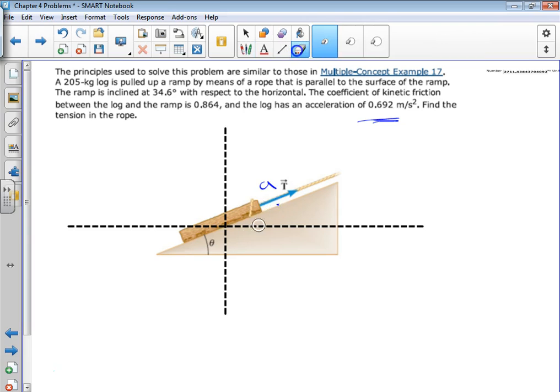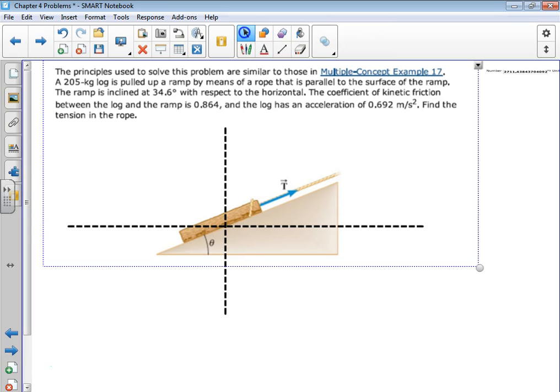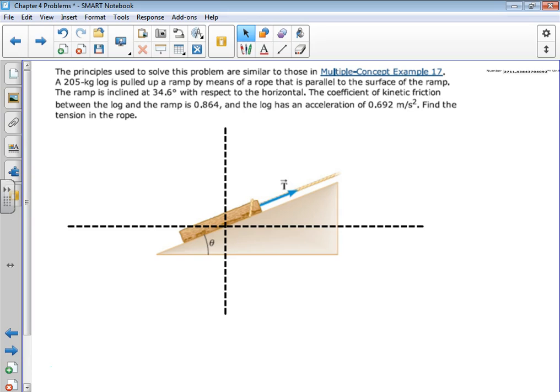So if we have an inclined plane, the first thing you want to do is this. The coordinate system that you see here, there's no law that says it has to be vertical and horizontal. In other words, no law that says that the x has to be horizontal and the y has to be vertical. The only, quote, law there is they have to be perpendicular to each other.